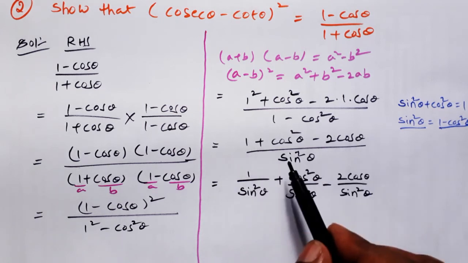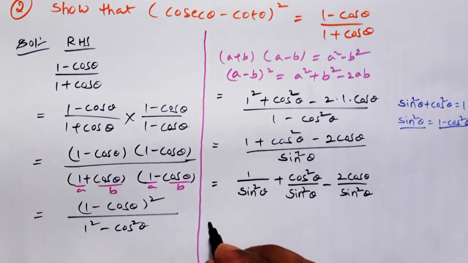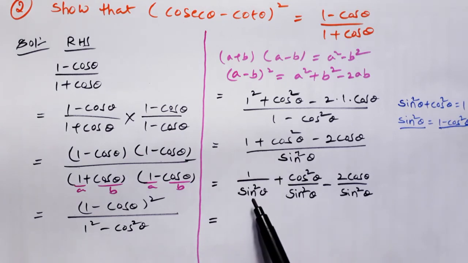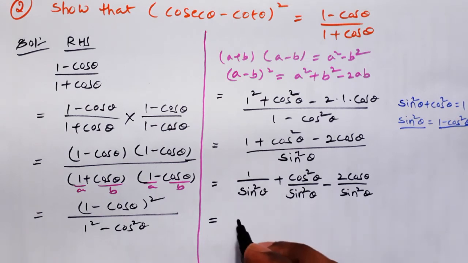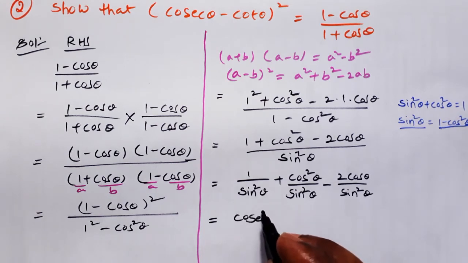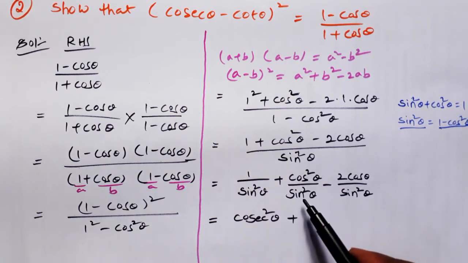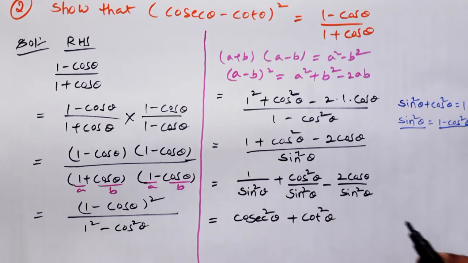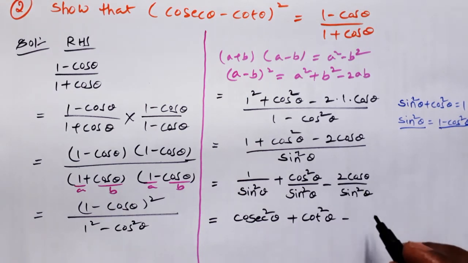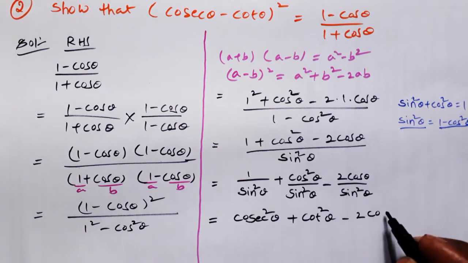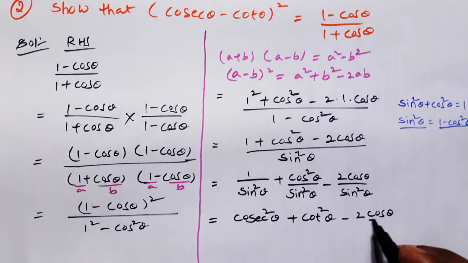Now observe here, 1 by sin, what is the answer? 1 by sin is cosecant, but here we have square, so we can write cosecant square theta. Then cos by sin, that is cot, but we have square, so we can write cot square theta, minus here 2 into cos theta divided by sin theta.